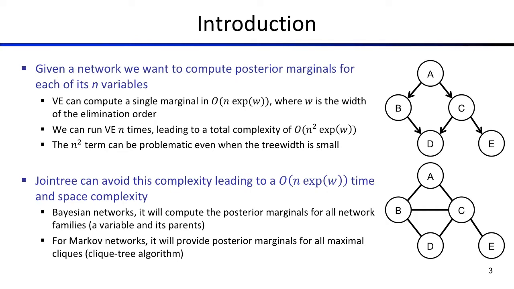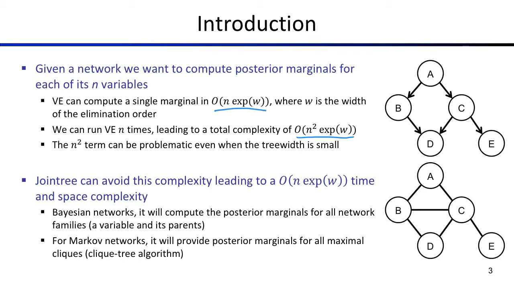We have discussed this in the previous lectures. So if we have n variables and we want to compute the posterior marginals for each of these n variables, we're going to run this algorithm n times, and the final complexity is going to be n squared times exponential over w.